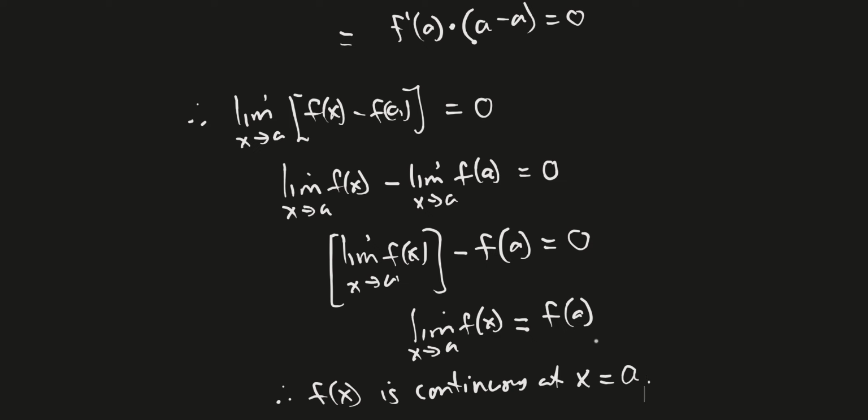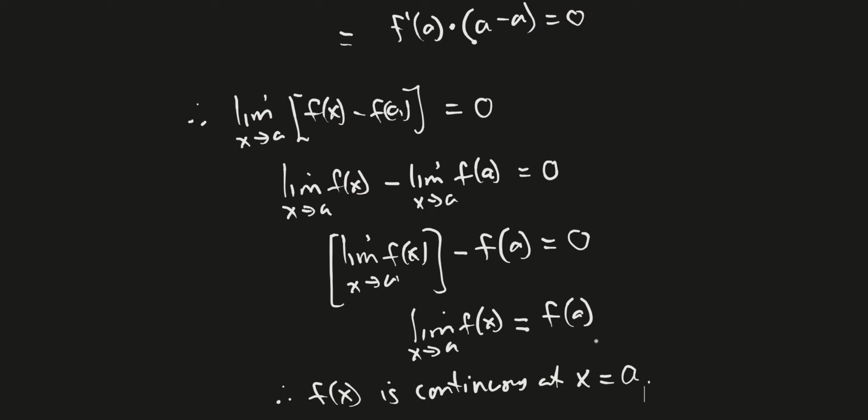So the conclusion is, if you know that the function is differentiable at a particular point, in other words, it doesn't have any discontinuities, any vertical asymptotes, any sharp corners or vertical tangent lines, then it must also be continuous there, right?